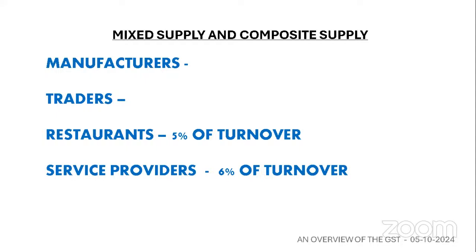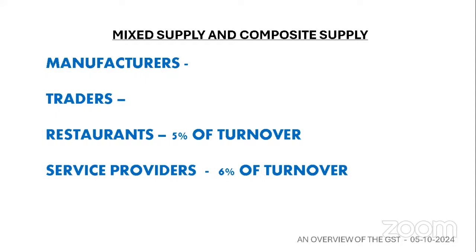Now, the tax rate you have to determine based on whether that supply is a mixed supply or a composite supply. In the case of mixed supply, the rate of tax applicable on the entire supply is the highest rate of a product in the bundle.